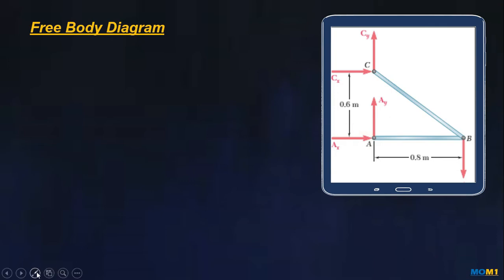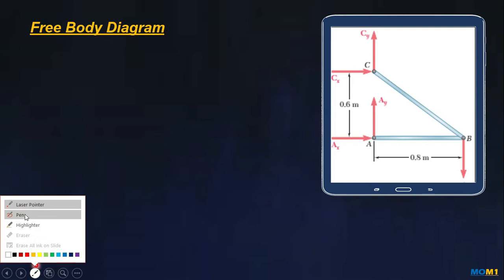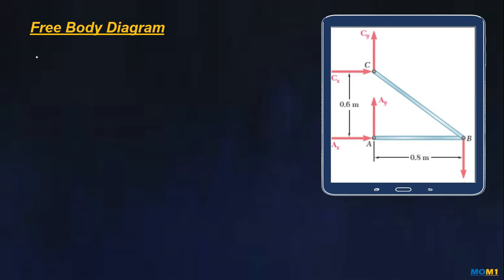So in fact we are getting responses at points A and C. To calculate these reactions or the responses, we are going to use the equilibrium conditions.